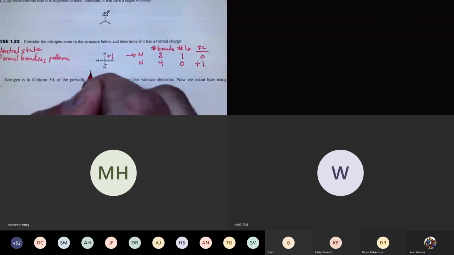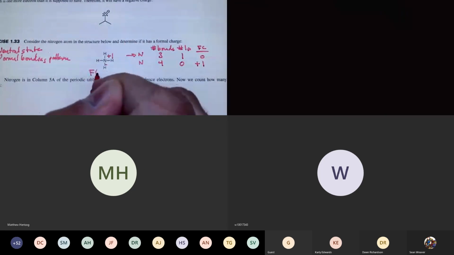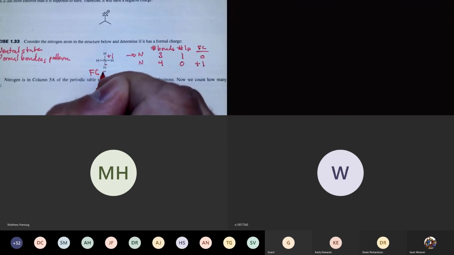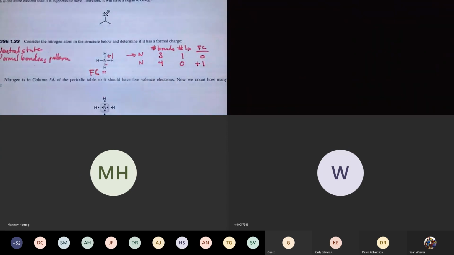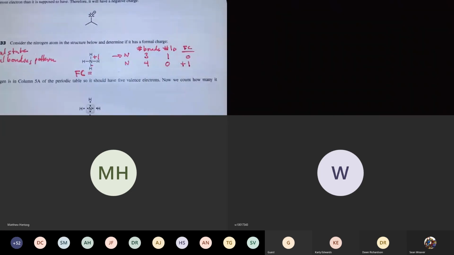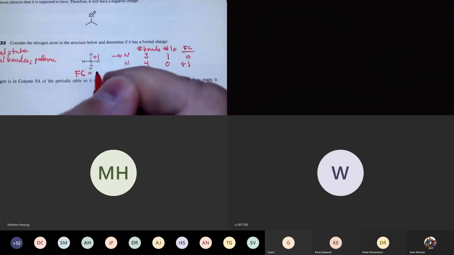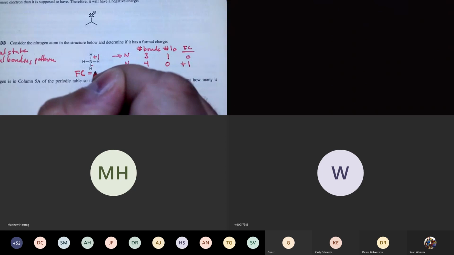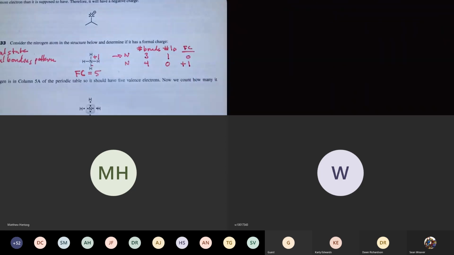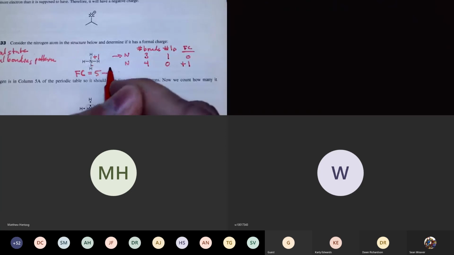How do we determine that? Formal charge. So the way that I like to remember this, and again, your book will probably teach it a little bit different. So I like to take the group number. So nitrogen is in group 5. Then we're going to subtract out 1/2 of the total bonding electrons.